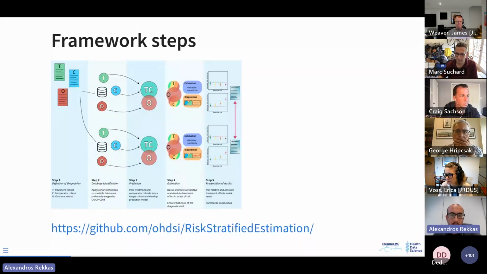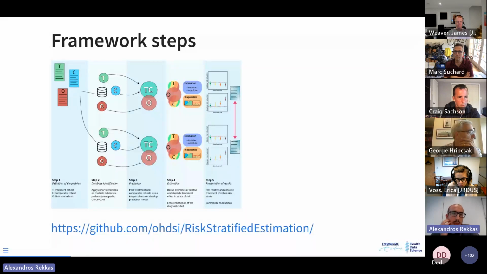These are the typical diagnostics that we run using the CohortMethod package, and that are commonly used within the Odyssey community, like propensity score and preference score distributions, covariate balance, and negative control analysis, stuff like that. And then if everything looks fine, we can proceed with the actual estimation, both overall on the entire data sets and within risk strata.